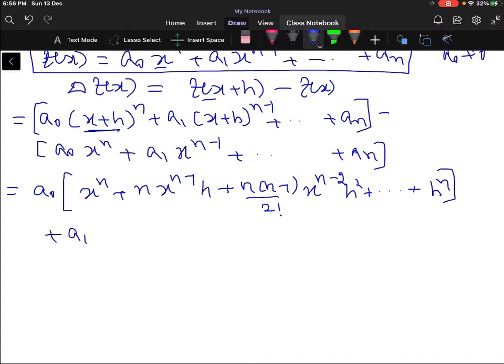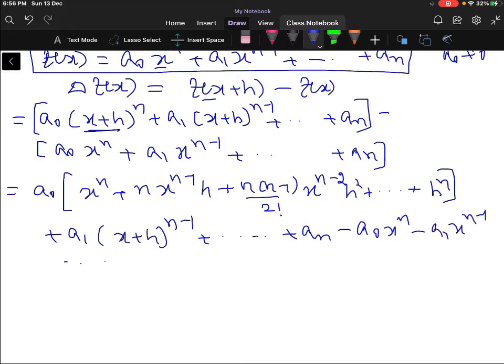Let us write directly that a1 into x plus h whole power n minus 1 plus and so on plus an, minus a0 into x power n minus a1 into x power n minus 1 and so on minus an. Here a0 into x power n and minus a0 into x power n get cancelled.